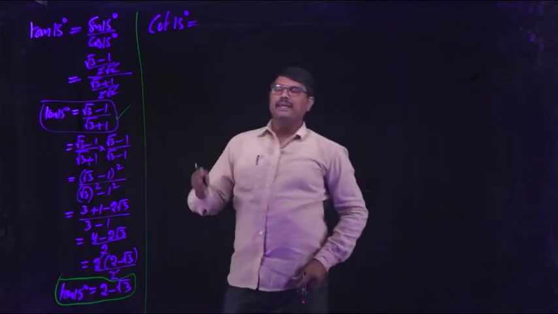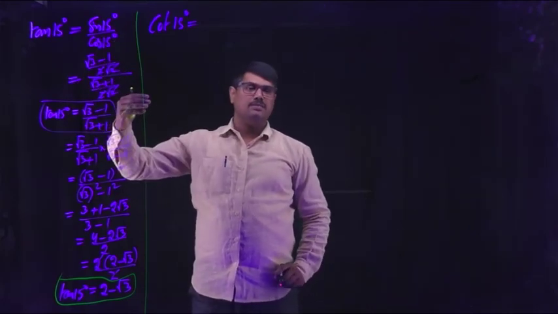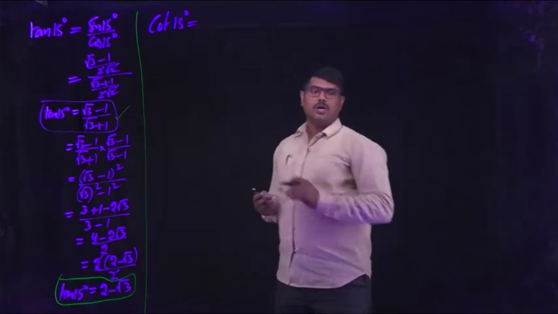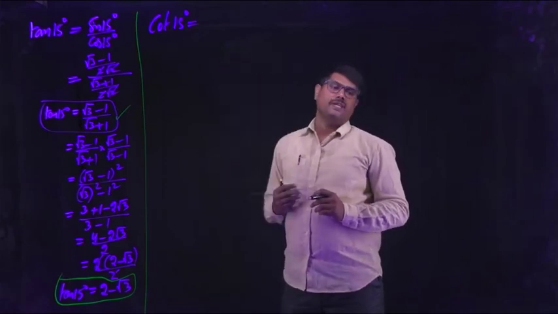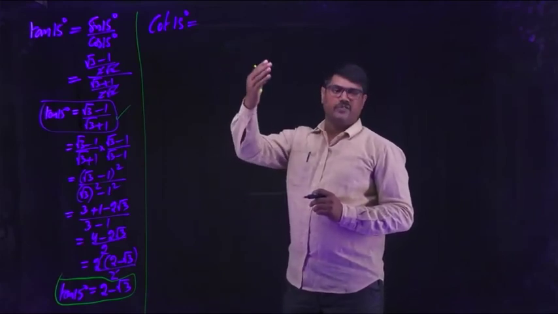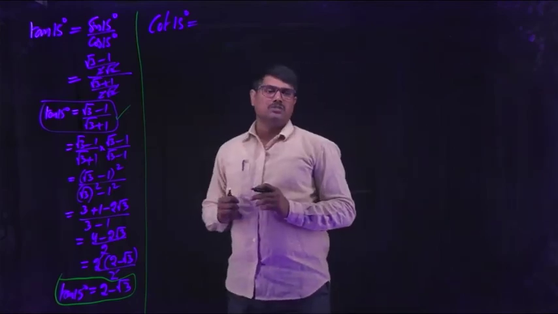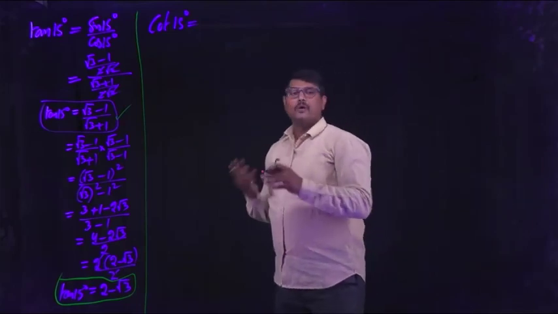Generally you will get the idea, as we did tan by taking sine by cos. In the same manner, for cot we can take cot theta as cos theta by sine theta. So you can write cot 15 as cos 15 by sine 15, and using those two values, sine 15 and cos 15, you can find cot 15. But I am going another way.